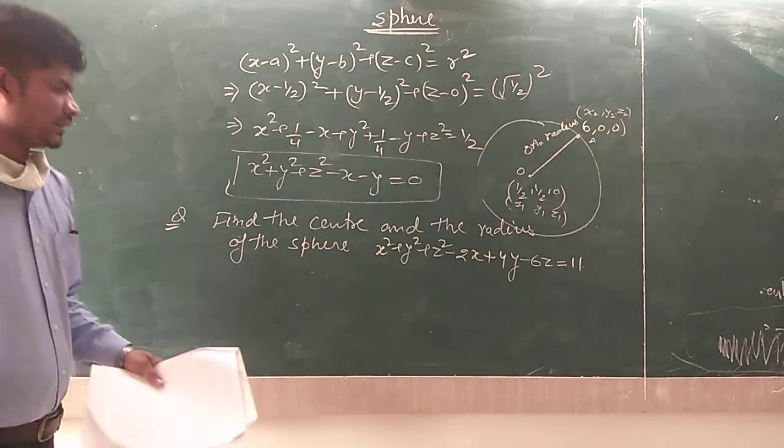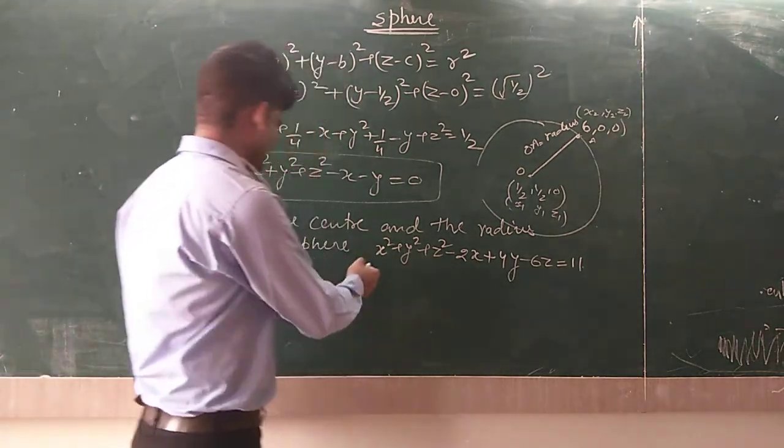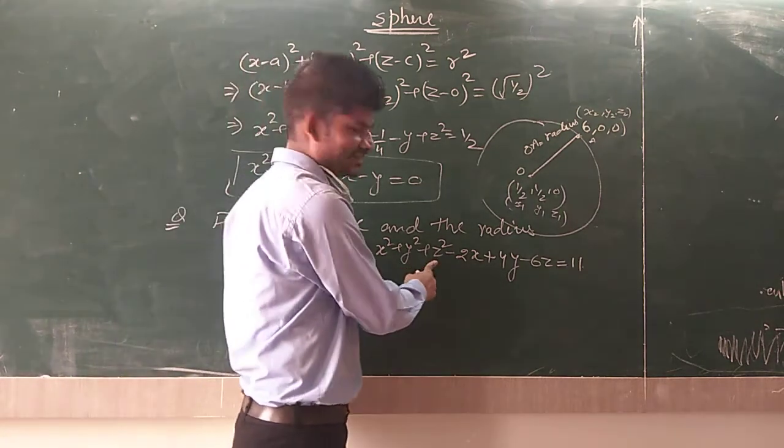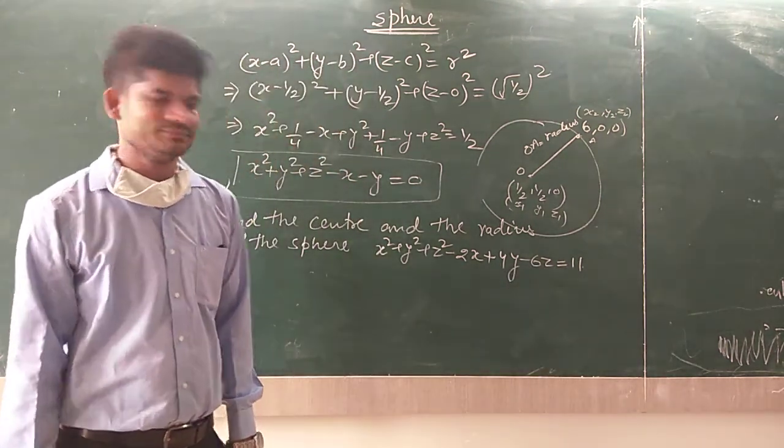The question is to find the center and radius of the sphere x square plus y square plus z square minus 2x plus 4y minus 6z equal to 11. The solution.